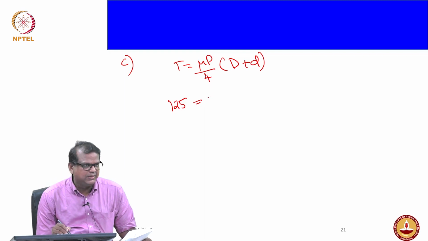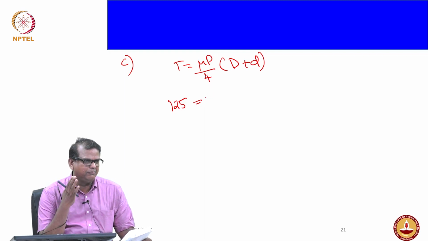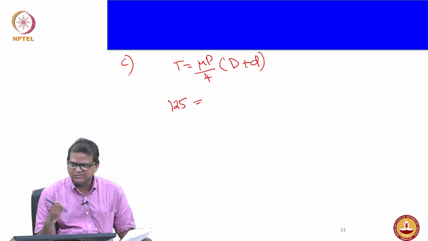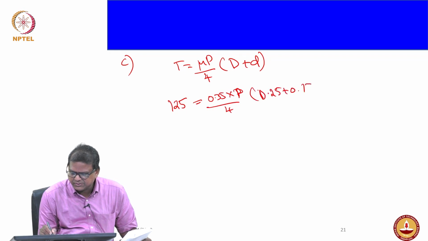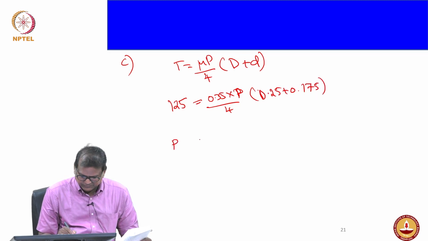So which value would you expect to change? The force. The clamping force will change. So 0.35 into capital P by 4, then this should be 0.25 plus 0.175. Can you have an answer? What will be the force you are expecting?